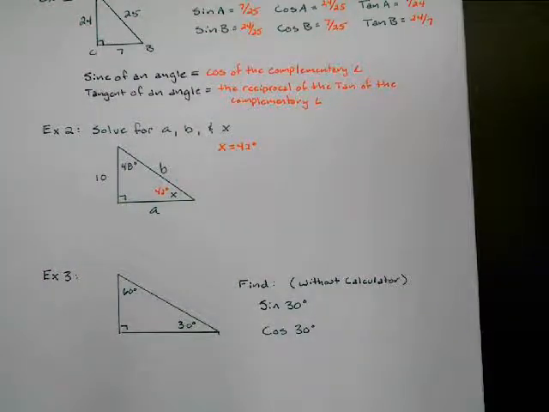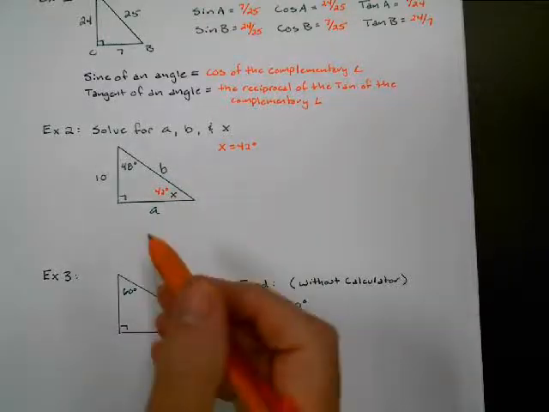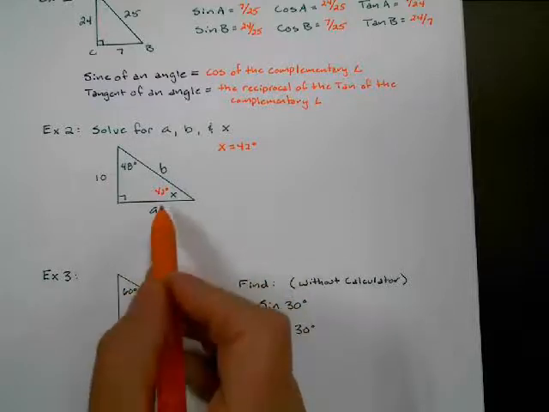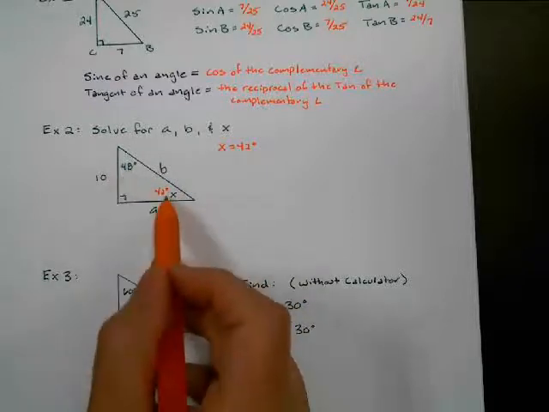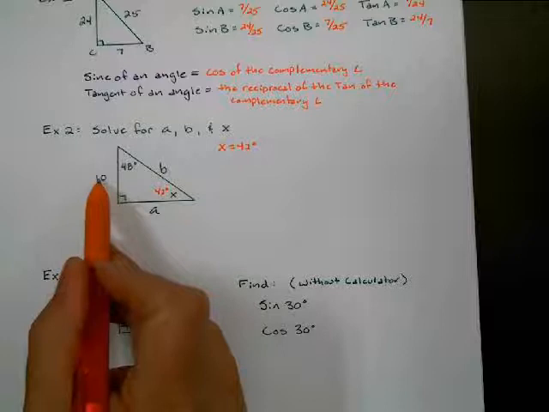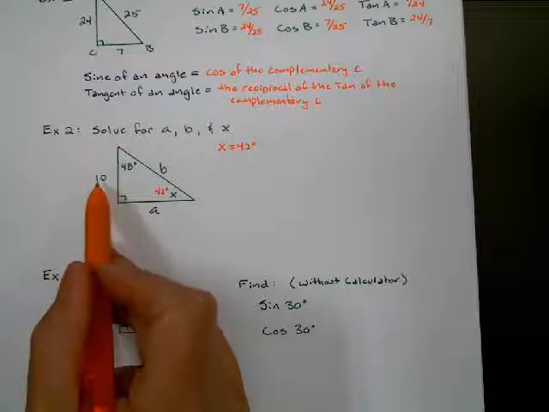Let's solve for a now. In order to solve for a, we get to choose what we want to do. Now here I've got the 48 degree angle and I've got the 42 degree angle. And then I've got this side here, 10. So I have to use the 10 because I have to have at least one side to work these out.